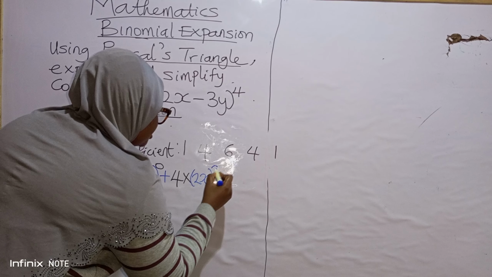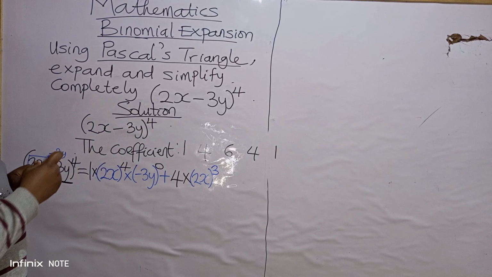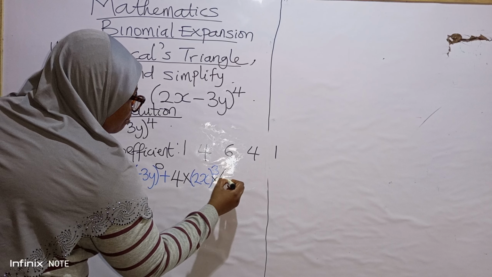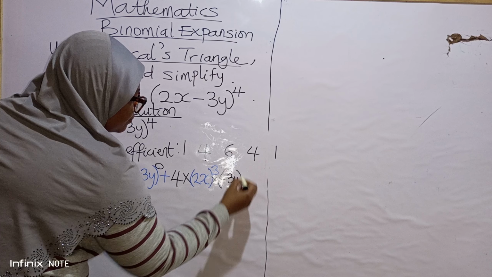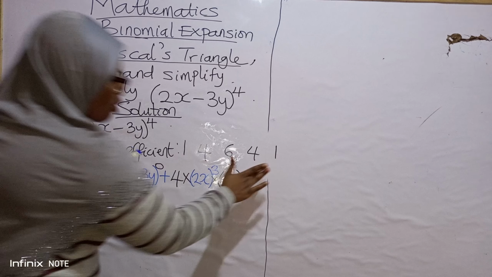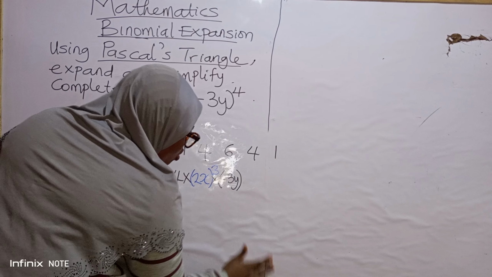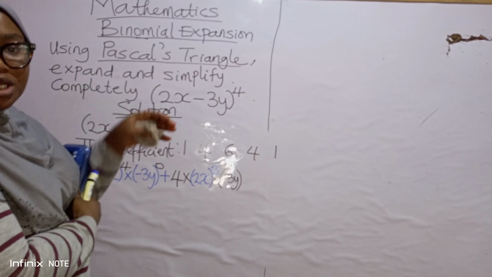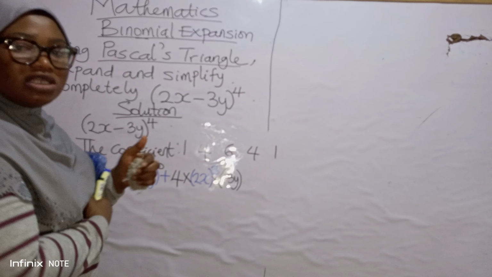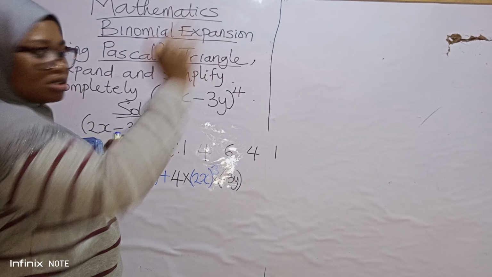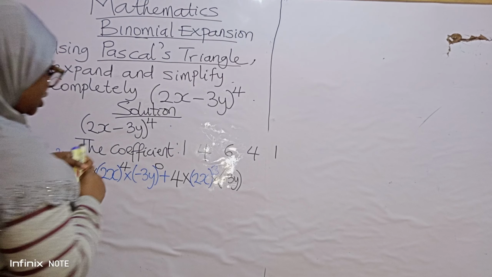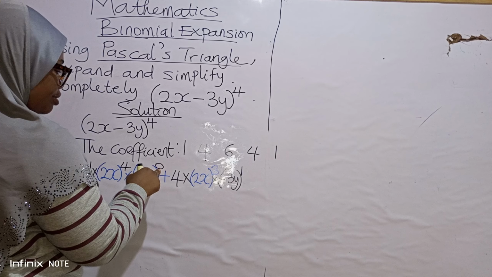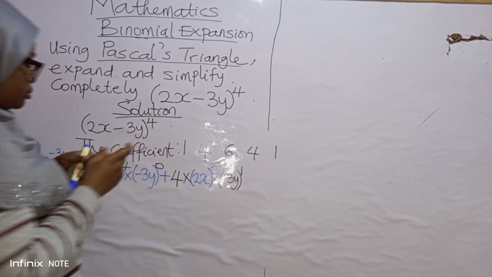So it will be decreasing. Multiply by the second term, which is minus 3y. The power of the second term will be increasing. The power of the first term will be decreasing, and the power of the second term will be increasing. So take note. So this one will now be 1. You can see it starts from 0, 1.